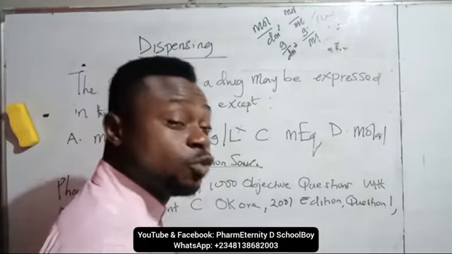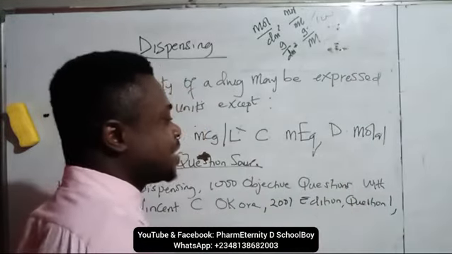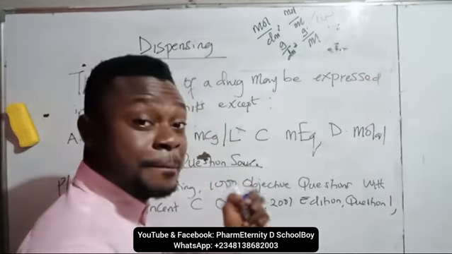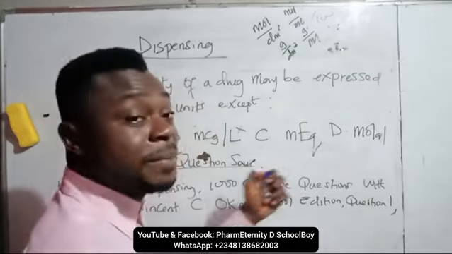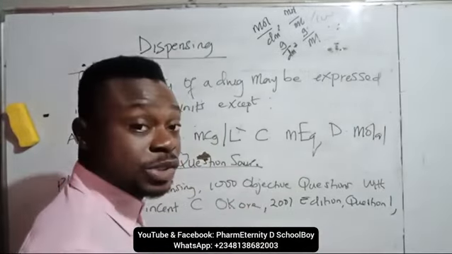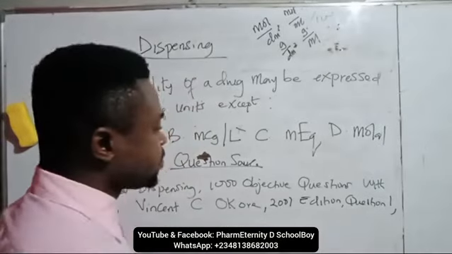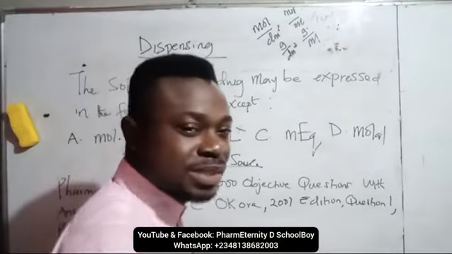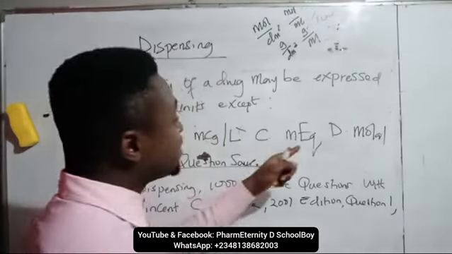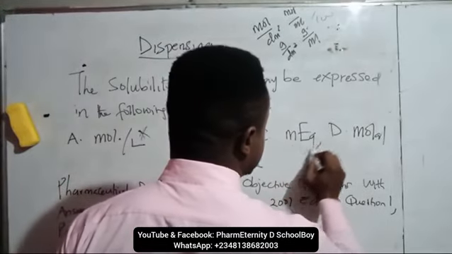That equivalent weight divided by 1,000 will give you 1 milli equivalent, in milligram. Milli equivalent is not a concentration term. It's just an amount term. So solubility cannot be expressed as milli equivalent. Because of that, I will take this as the answer.